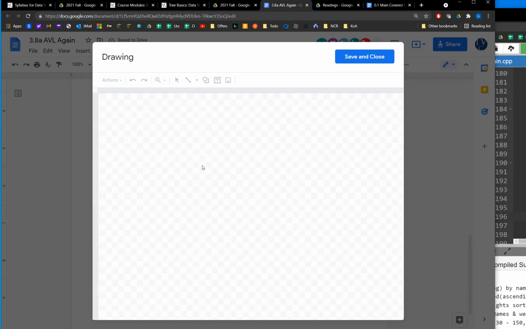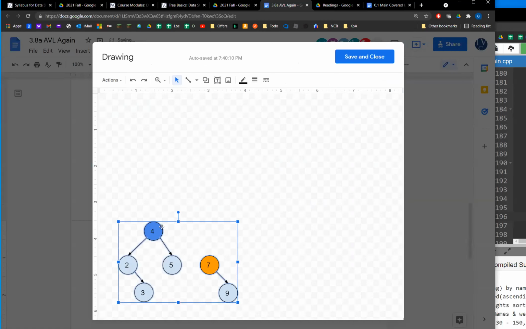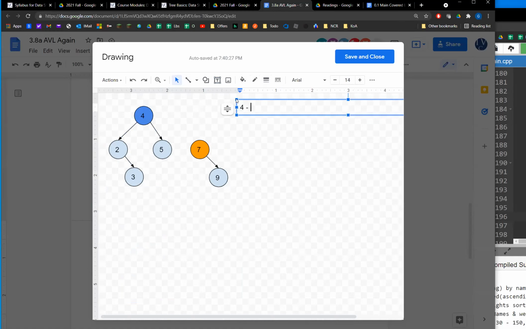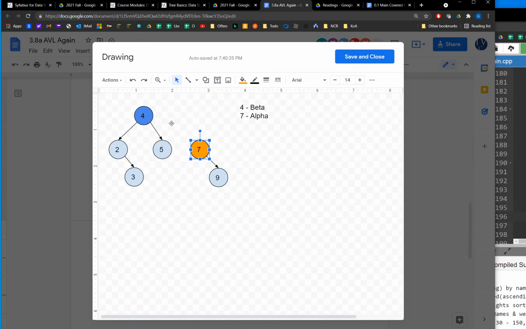When we rotated, right, 7 had 4 as its left child, which is our beta node. 7 is alpha. 7 previously had 4 as its left child, right?